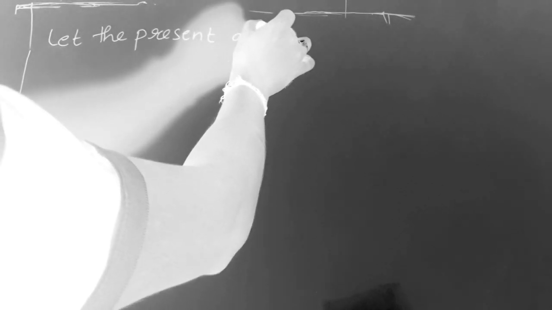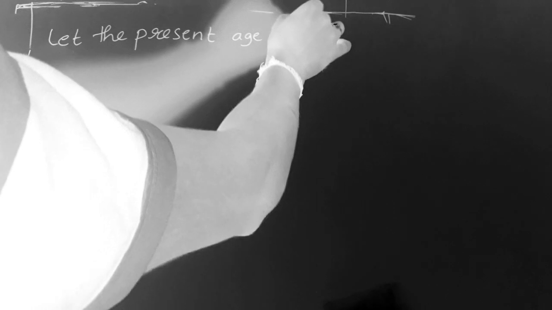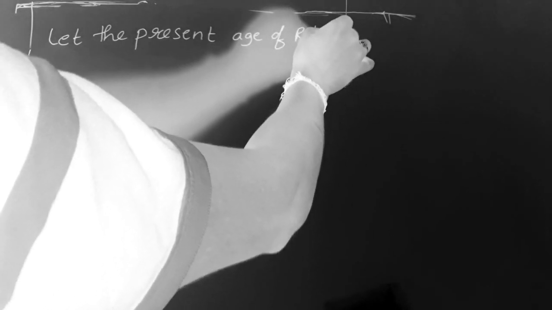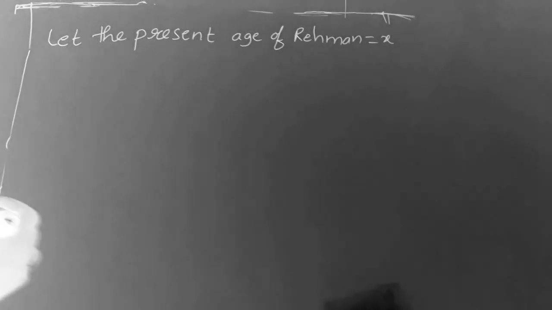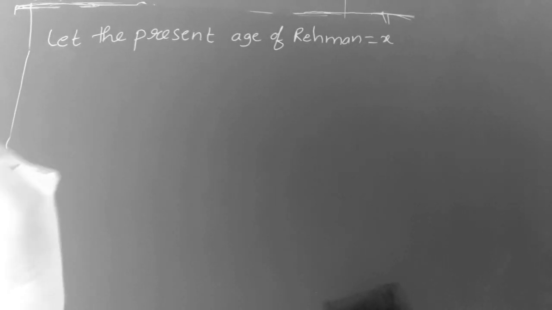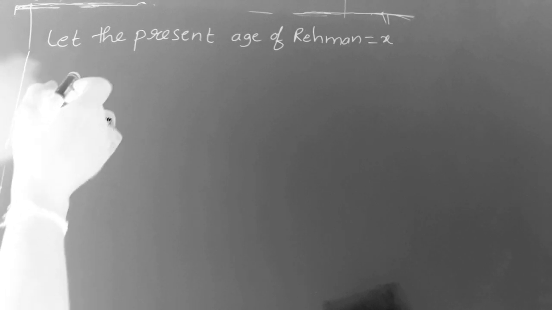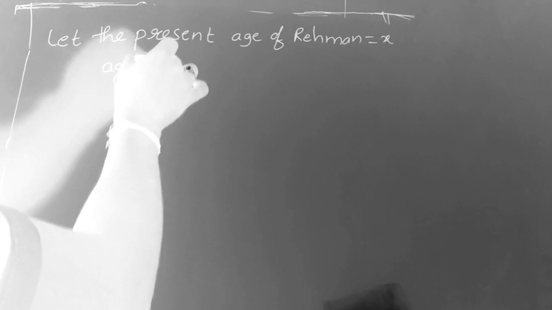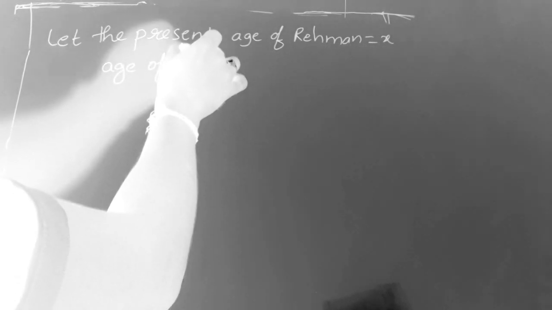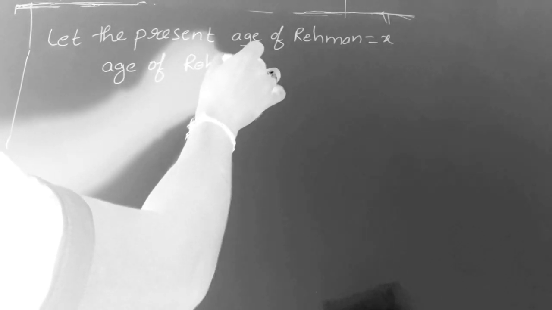So let the present age of Rahman be equal to x. What is the age of Rahman 3 years ago?